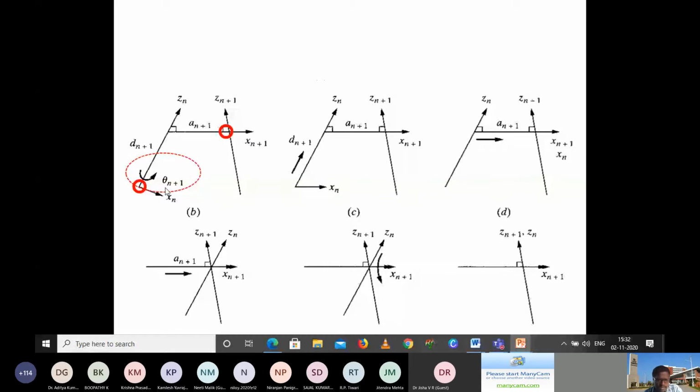This is the origin. So it is rotating Zn. Zn is rotated. So only rotation is taking place first, so that Xn is aligned with Xn plus 1. Second one, you can see the output here, as I told you. Xn is parallel with Xn plus 1. Now, the next parameter is this particular position should transfer along z-axis. That variable is dn plus 1.